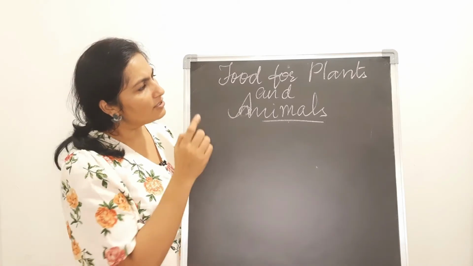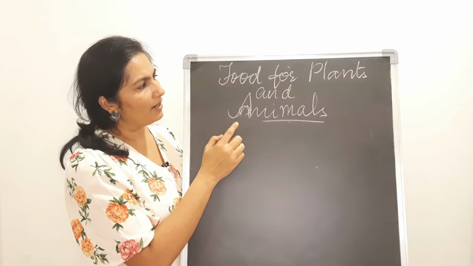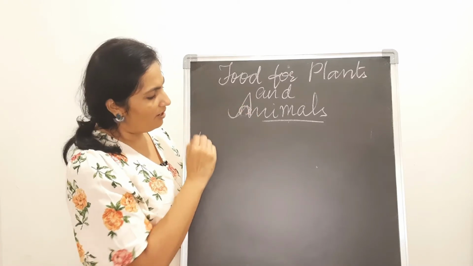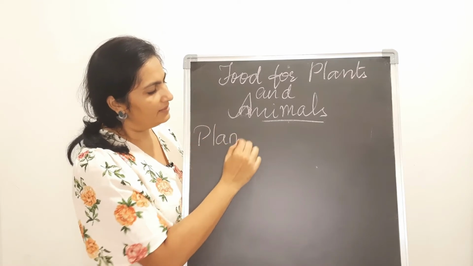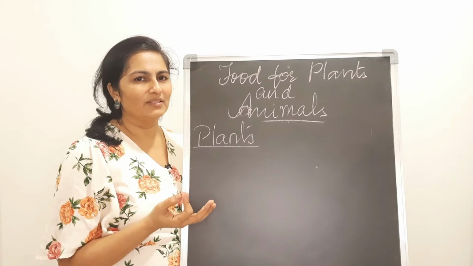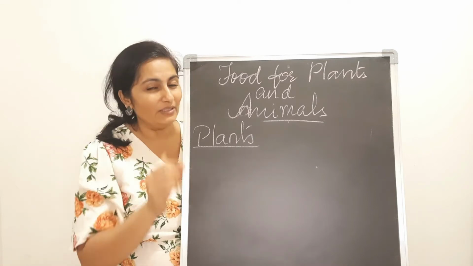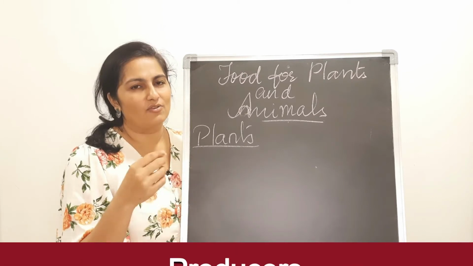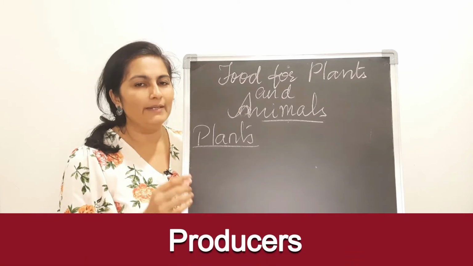All right. So, since we are going to talk about food for plants and animals, let's begin with food for plants. How do plants eat food? Okay, so more than eating, the plants are the biggest producers of food. I'll explain.